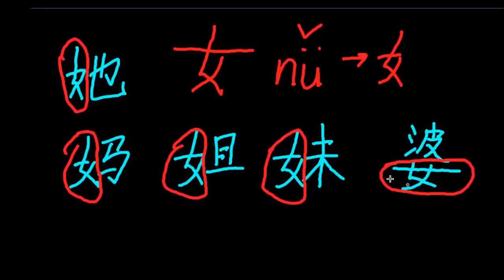Now, this character po, this gets used in wai po. Wai po is your grandmother on your mother's side. It also, we could say lao po. Lao po means wife, and po, same po, the radical is on the bottom. Here's another character that gets used a lot in Chinese, yao. Yao means to want or to need. Also has the radical nu here on the bottom.